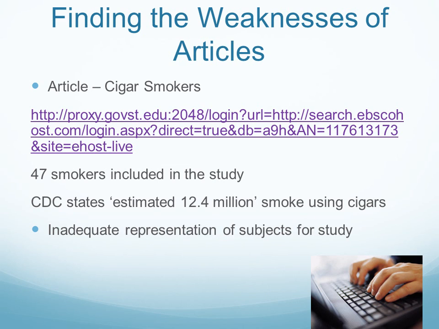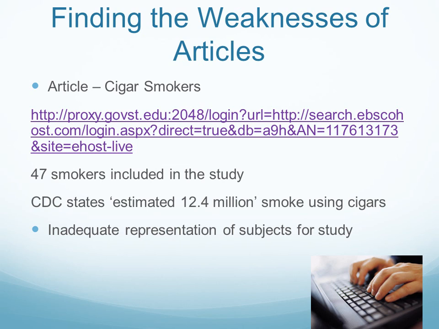Now, finding the weakness of the articles can be a little bit challenging, and you have to go ahead and use just your kind of sleuthing skills sometimes and figure out maybe areas that they have overlooked. So again, I looked at this article. I found this, and there's a link for you on the page.